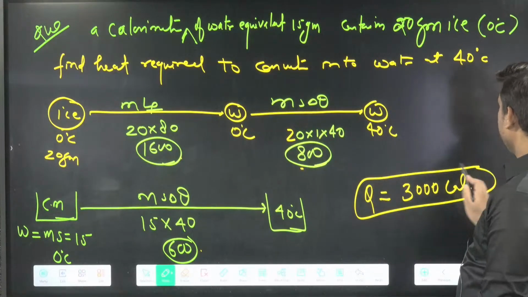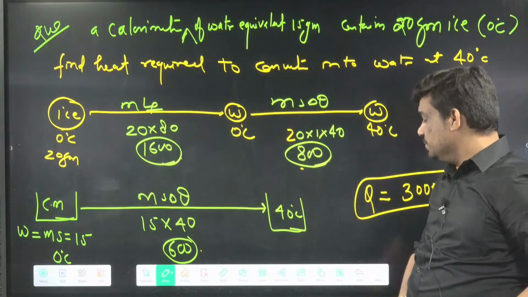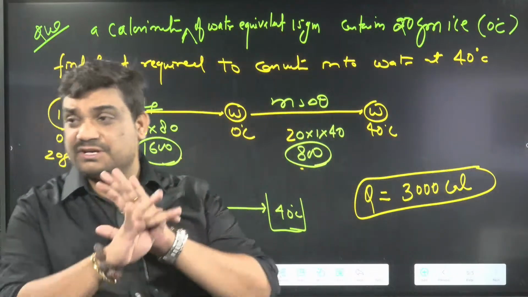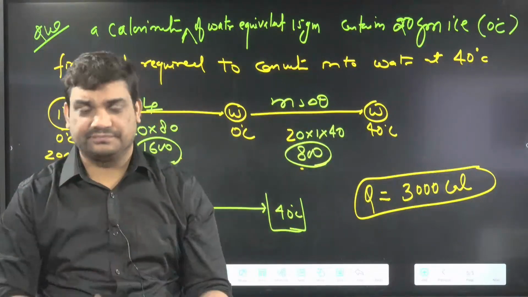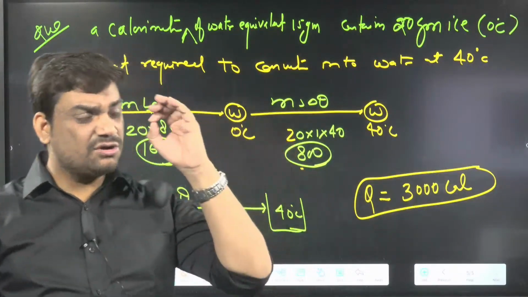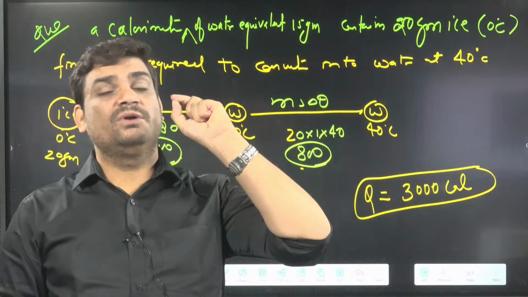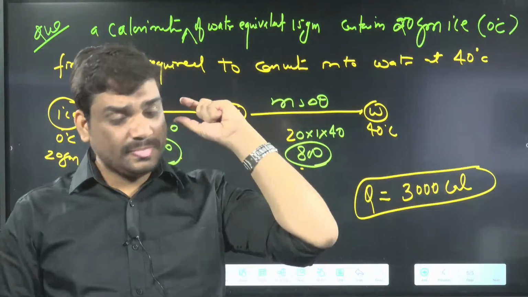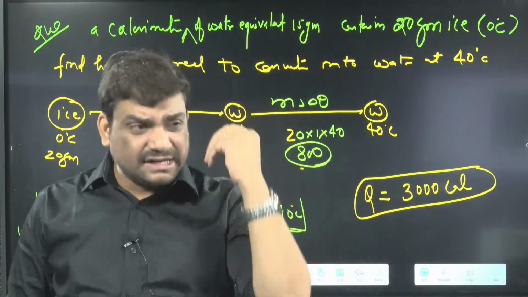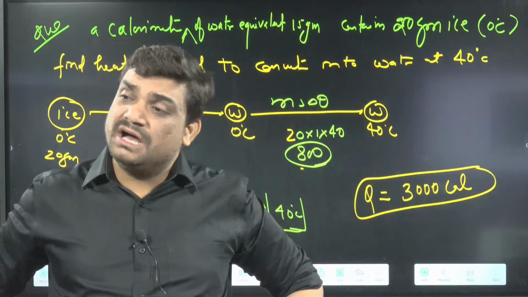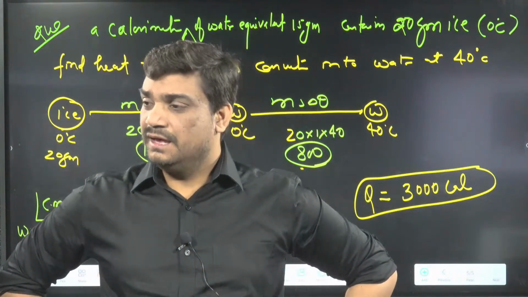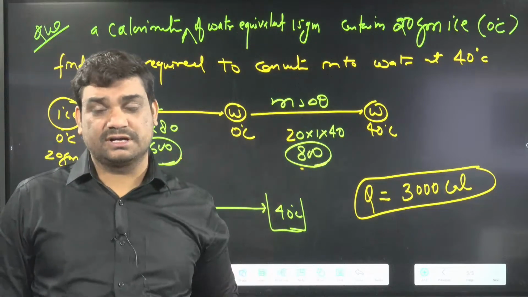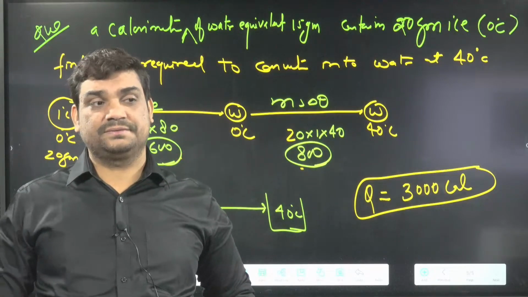Now, if I don't give the container parameters, they say calorimeter but have not given values for the container, no water equivalent, no specific heat, no heat capacity, then what will be the answer?